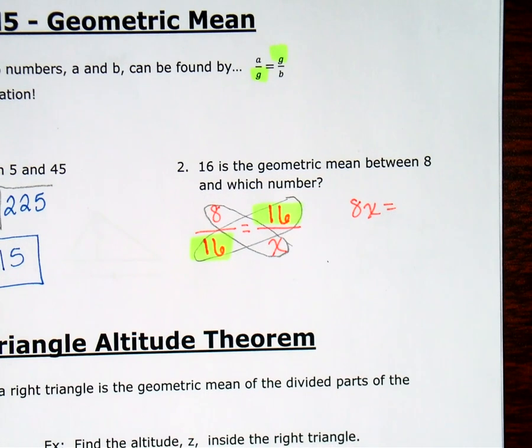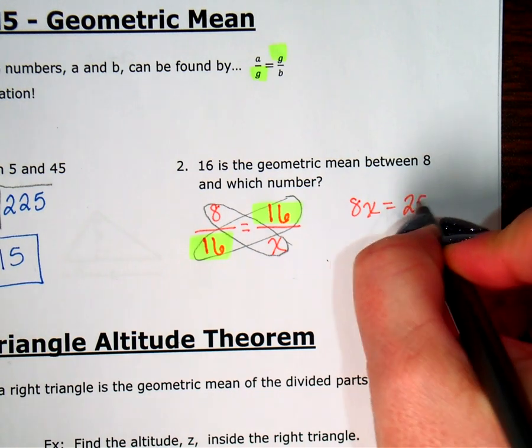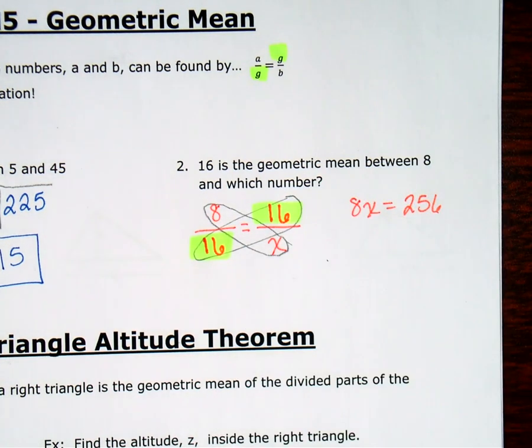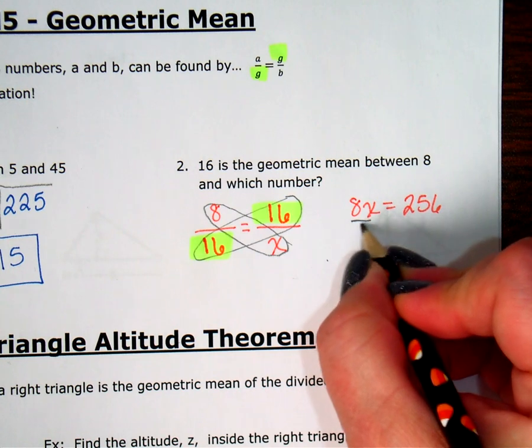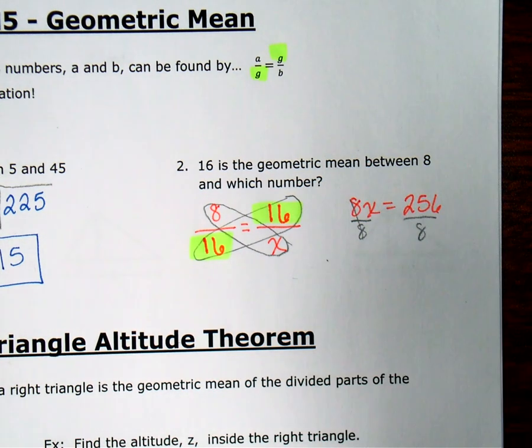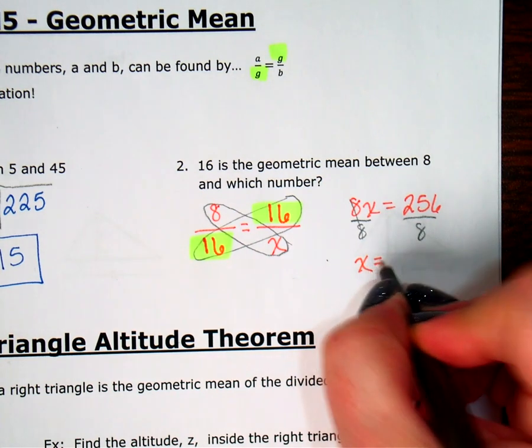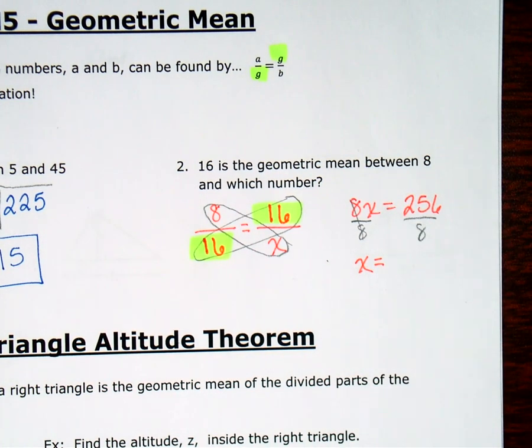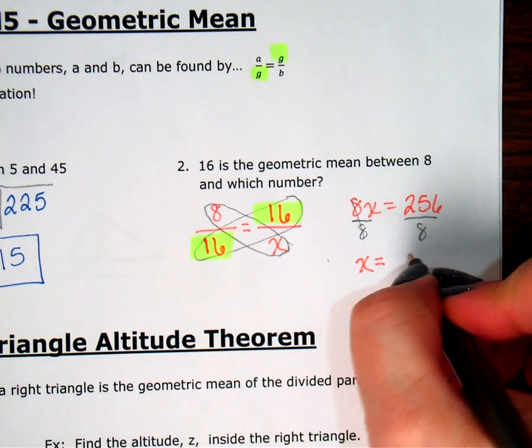So 16 times 16, I'm just going to grab my calculator. 16 times 16 is 256. And then I want to divide both sides by 8. My division property of equality. And I get that 1x on the left side equals 256 divided by 8 is 32.